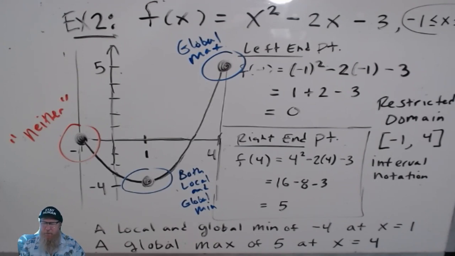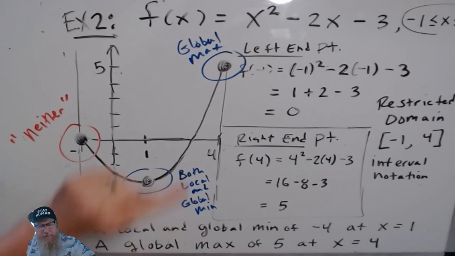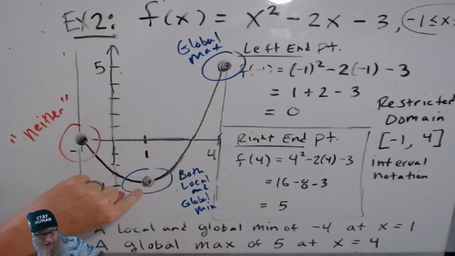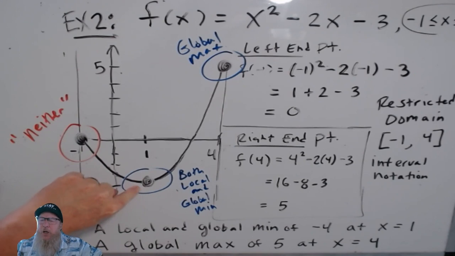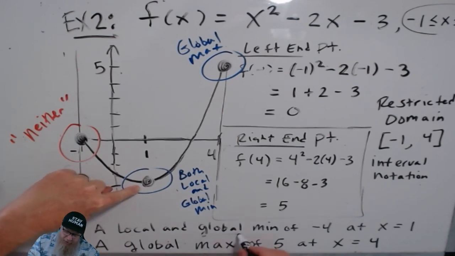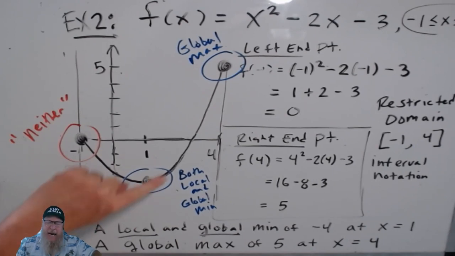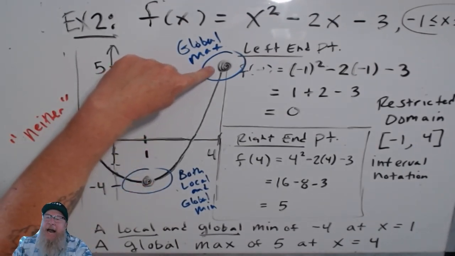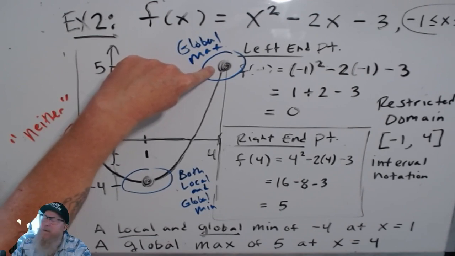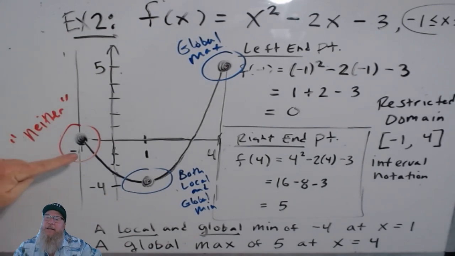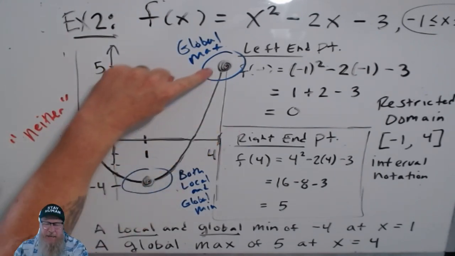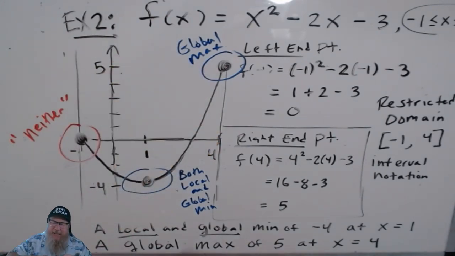I should mention one more thing before I erase this example. A local minimum could possibly be both local and global. That is possible. Right? However, an endpoint cannot be local, can only be global, or nothing at all. Never local, because the derivative does not exist at an endpoint.